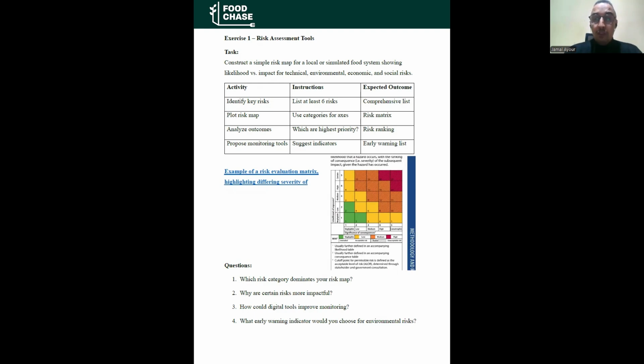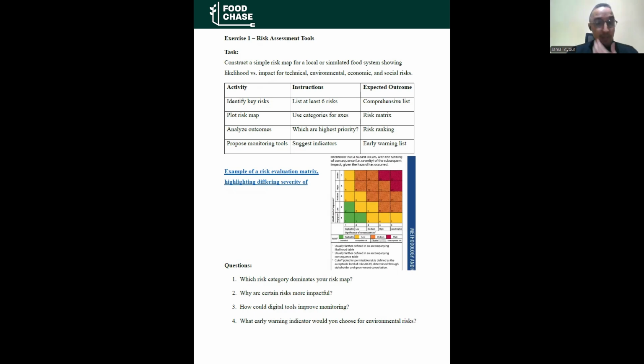For this exercise, we have a link, and some analysis of this map with identified key risks, a pilot risk map, analysis outcomes, and proposed monitoring tools, with different instructions for each activity and the objective of each activity, regarding a comprehensive list, risk matrix, ranking, and the early warning list.